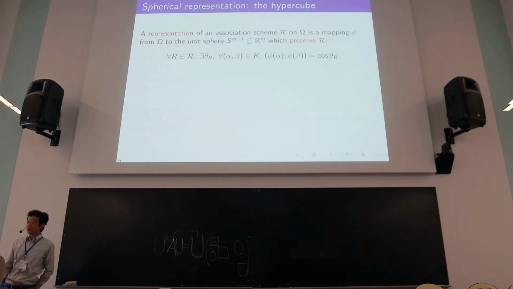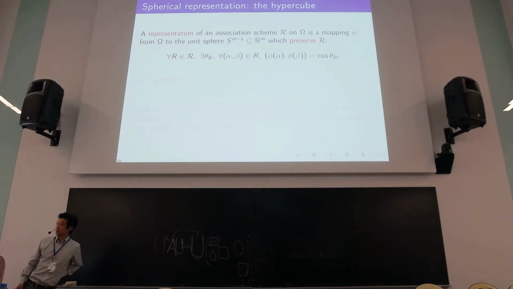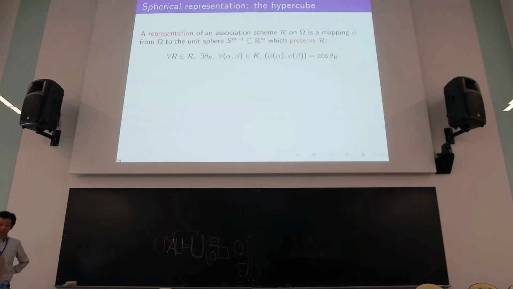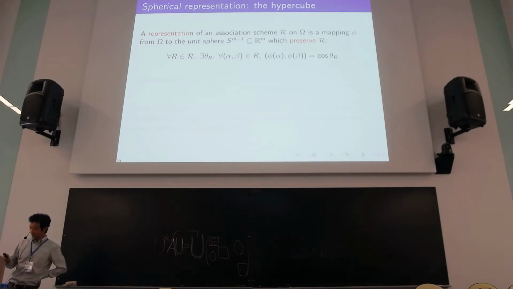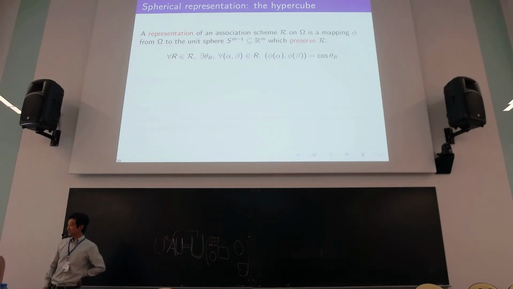The sphere is a metric space, so the distance defines a relation on pairs of points, and that could be considered as association. In fact, there's an orthogonal group acting on the sphere, so you may think of the relations as orbits of the orthogonal group. So in this way, it's an infinite association scheme. So that's the place where we want to represent association schemes.